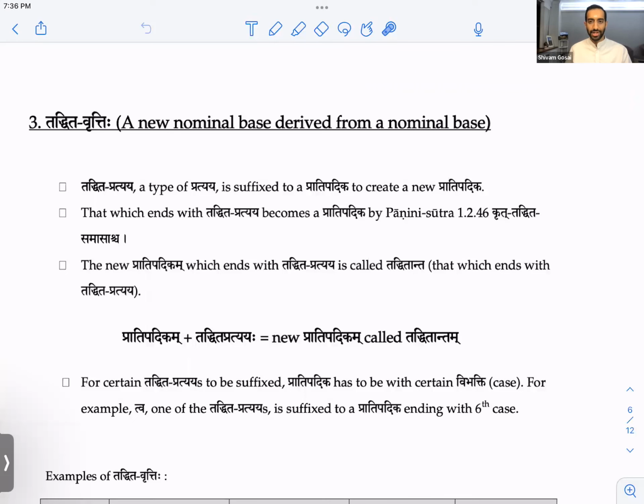So far, what did we see? We saw sanadhyanta dhatu, krit vritti, which we call kridanta, and here we call taddhita vritti. This is making a new pratipadika. So only the first one is making a new dhatu. All the rest are making a new pratipadika.